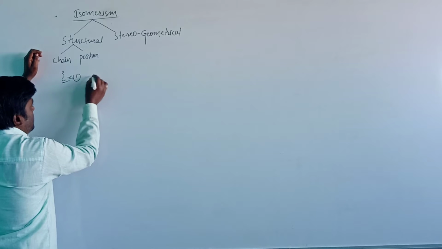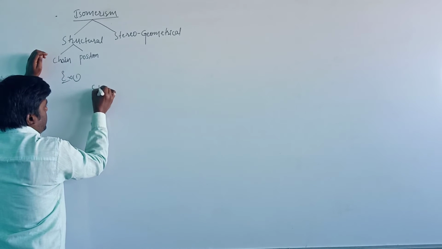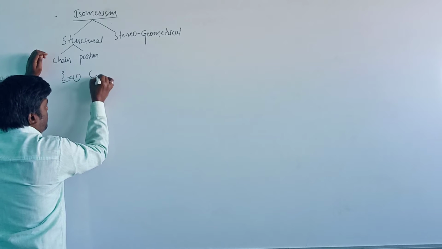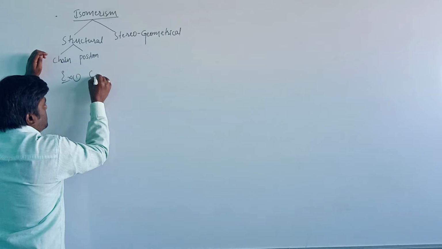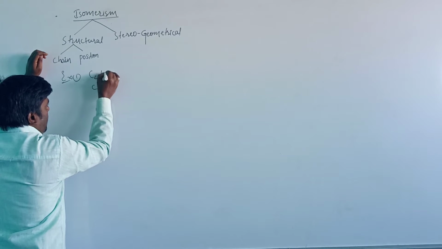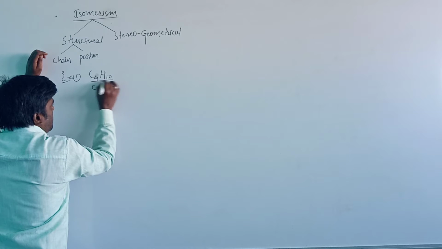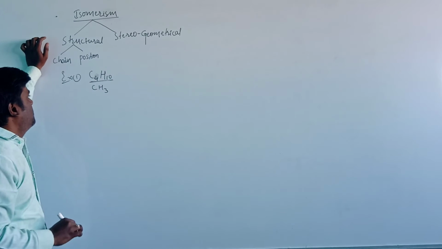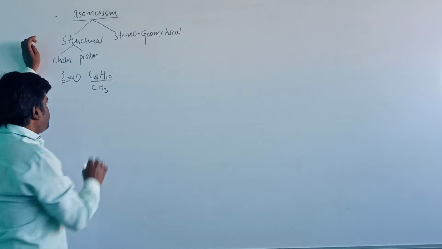Example one. Consider C4H10, that is, the number of carbon atoms is 4 and the number of hydrogen atoms is 10.